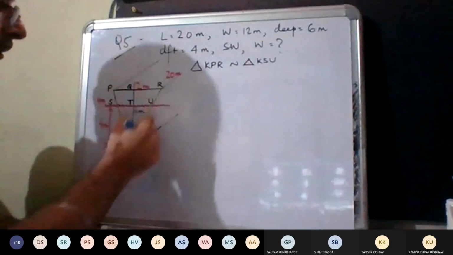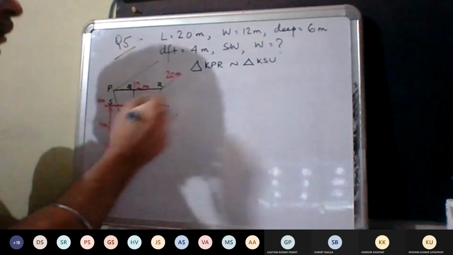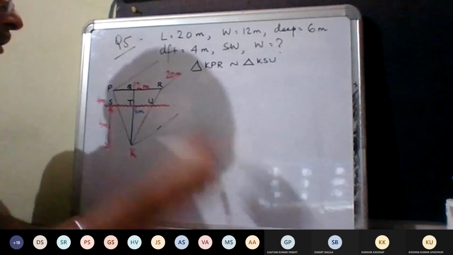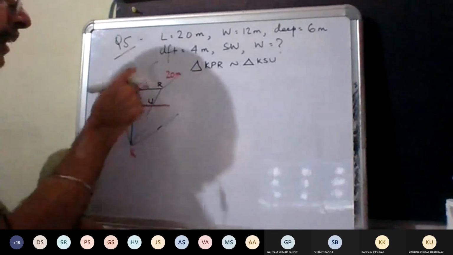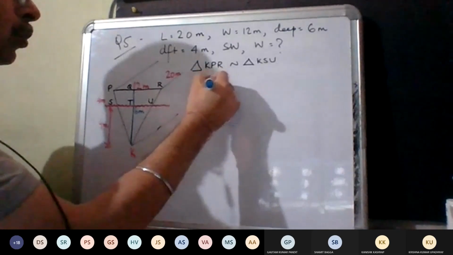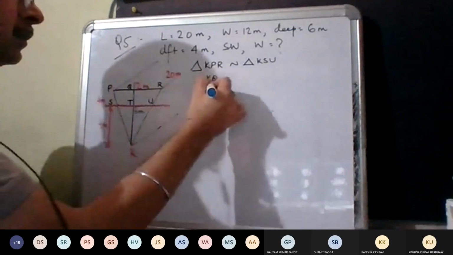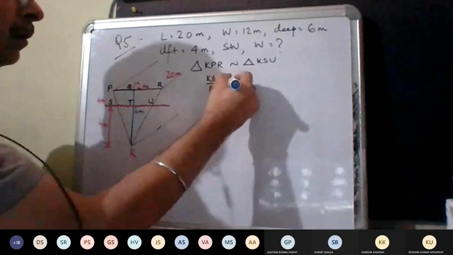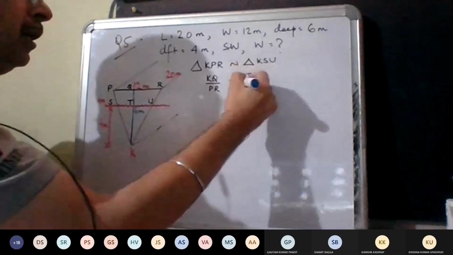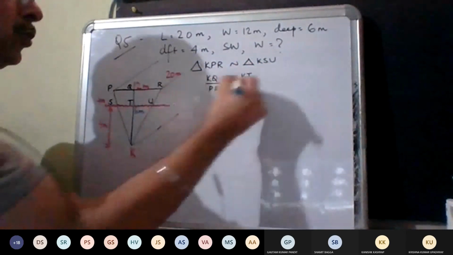The bigger triangle is similar to the smaller triangle. So therefore, the ratio of perpendicular to the base, KQ over base PR, will be equal to KT upon SU.